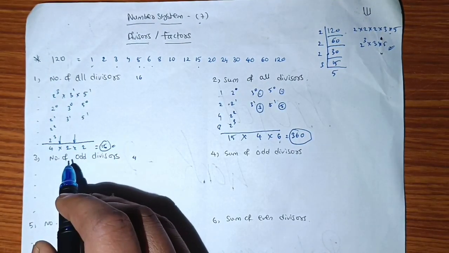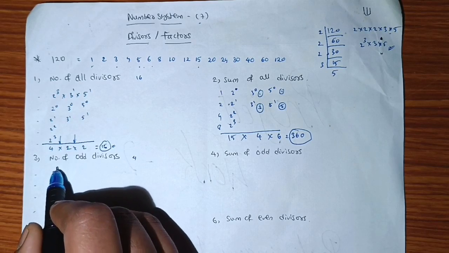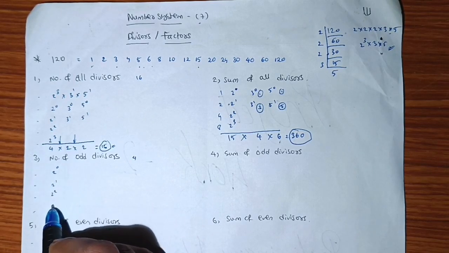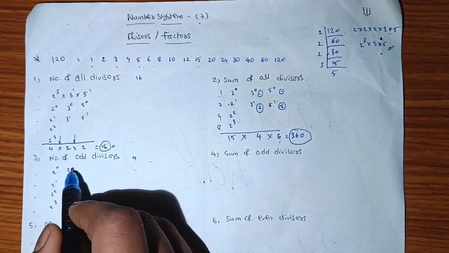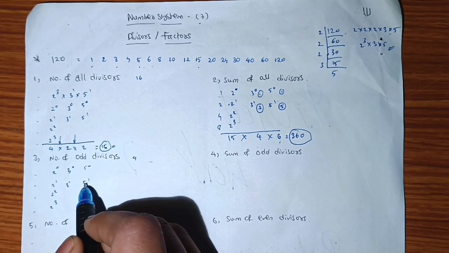Now let us see by this same trick: 2 power 0, 2 power 1, 2 power 2, 2 power 3, and 3 power 0, 3 power 1, 5 power 0, 5 power 1.